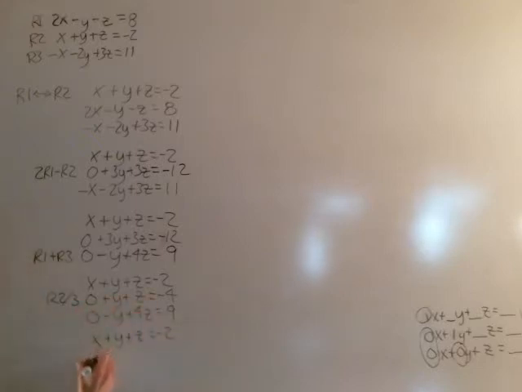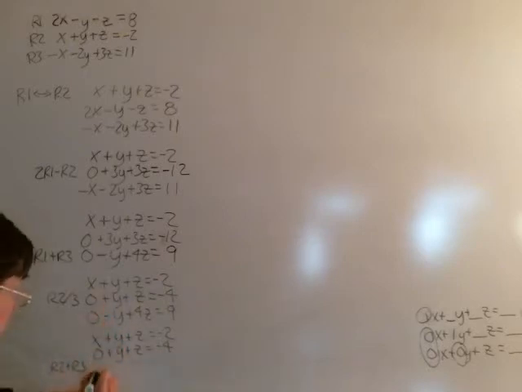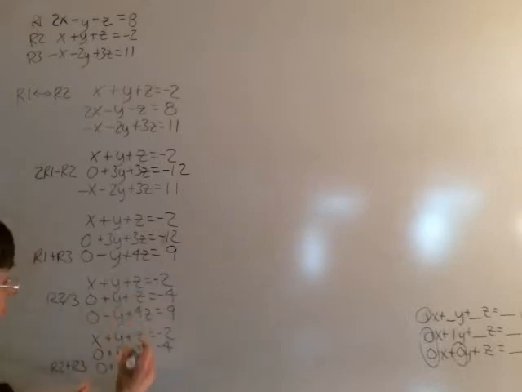My second row stays the same. And my third row I get by adding R2 and R3, and I put the answer in where row 3 was. So y minus y is going to be 0y, and then z plus 4z is 5z, and then negative 4 plus 9 is 5.